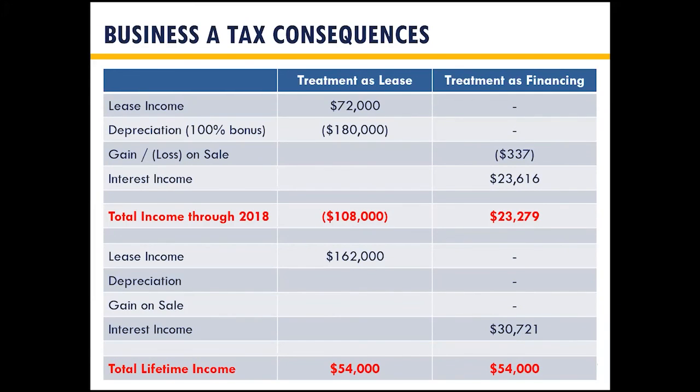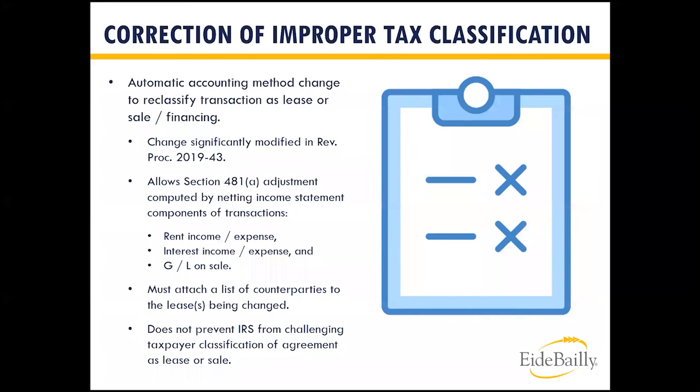That's due to the amount of interest that we had to factor into the lease payments to reflect the financing nature of the lease. Our interest income is going to shift a little bit over the term of the arrangement, but at the end of the day, we're all going to get to the same place. But treating this as a lease allows me to accelerate significantly the deductions associated with the property.